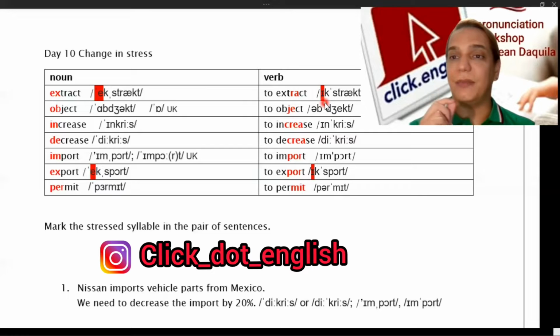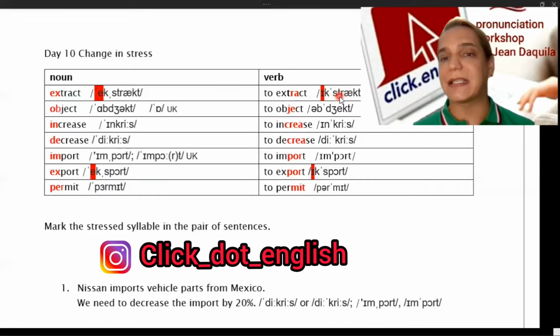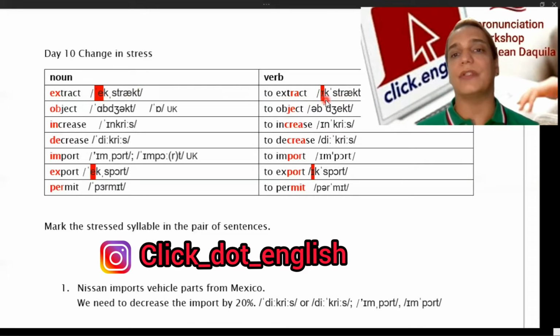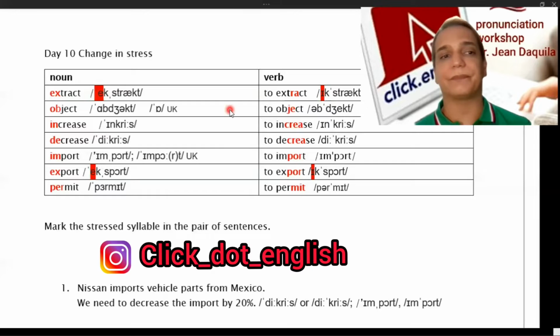I close a little bit, okay? It's our first class. E with tension and e without tension. This is the e without tension. Extract, okay? I extract, you extract, he extracts, all right? So I have the extract, and I am going to extract.